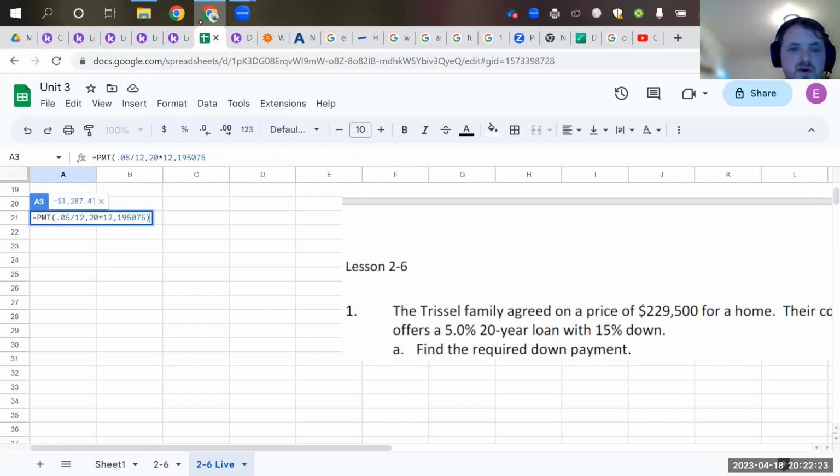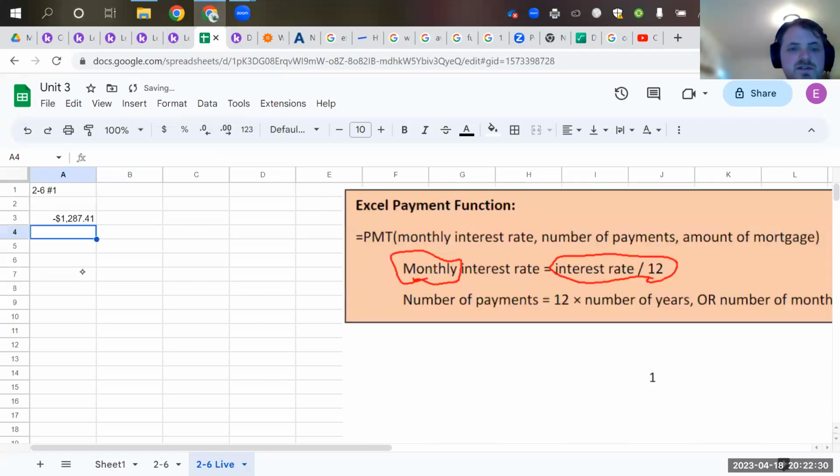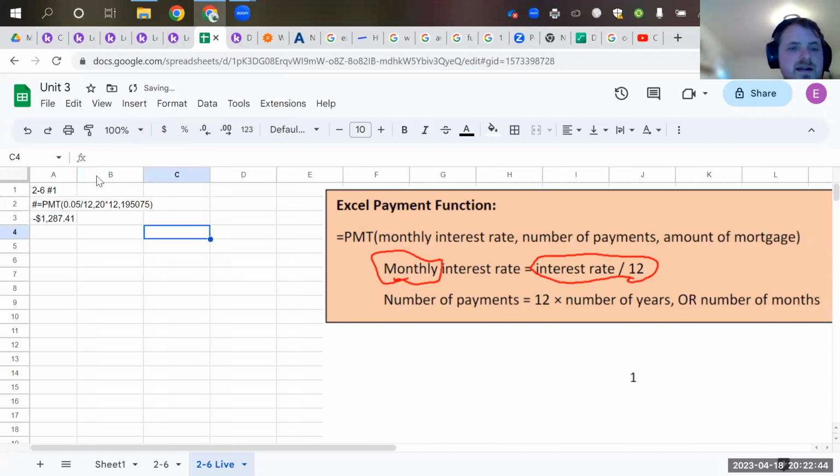And so my payment per month will be that right there. Now, what's really annoying about Excel is once you press enter, or Google Sheets, it goes away. It doesn't show you. So what I've been doing is I put a little hashtag above it. They call it a comment in computer science. And I repaste it so that I can see why I got the value that I got.